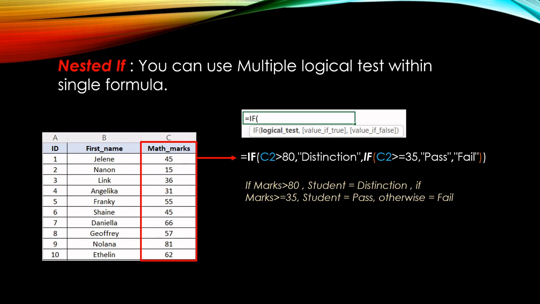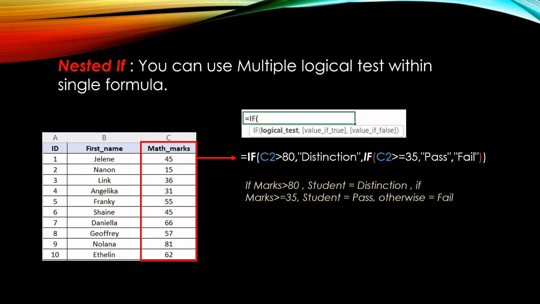So let's look at an example before we dive into Excel. Basically, we have another logical test here based on the math marks filled in column C, but instead of just saying is the marks greater than or equal to 35, pass or fail, we're asking two questions here. We're saying is it greater than 80?